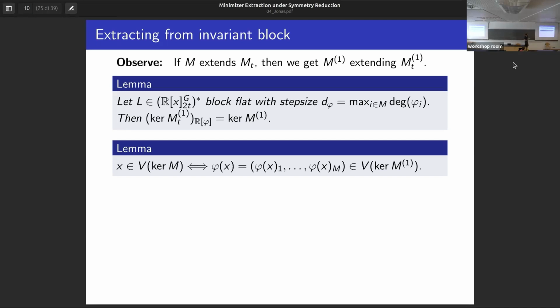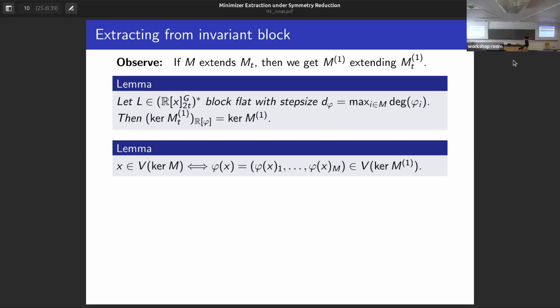Unfortunately, one needs one more technical requirement, which is that the step size with which flatness occurs is at least as great as the biggest fundamental invariant degree, this step size d phi. So this might look like a rather technical condition at this point, but we will later see why this is important.